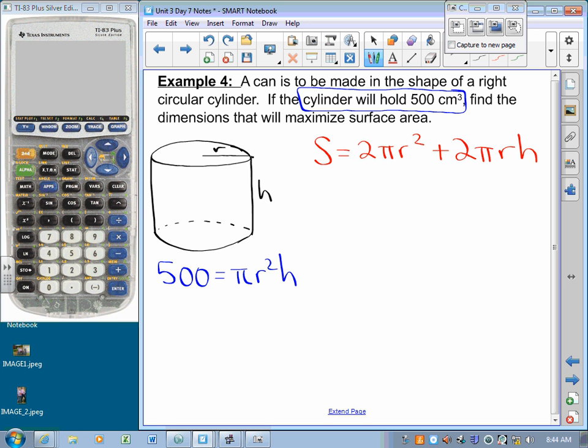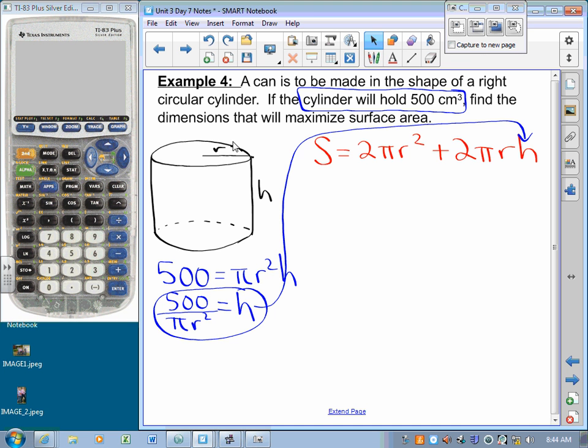And if that's the case, then I know that the height of the cylinder is always 500 divided by pi r squared. And so if I substitute that into here, I get that surface area is 2 pi r squared plus 2 pi r times 500 over pi r squared. Looks like that. We okay?